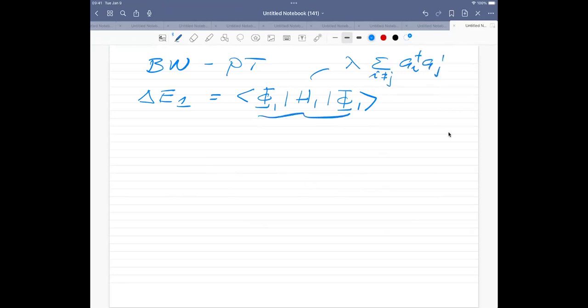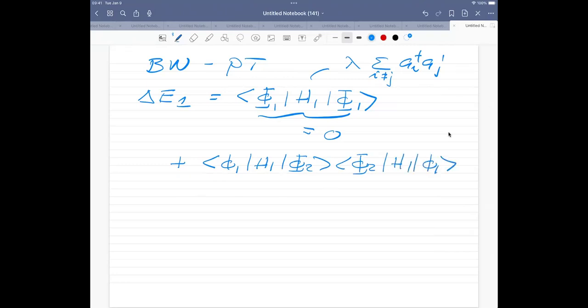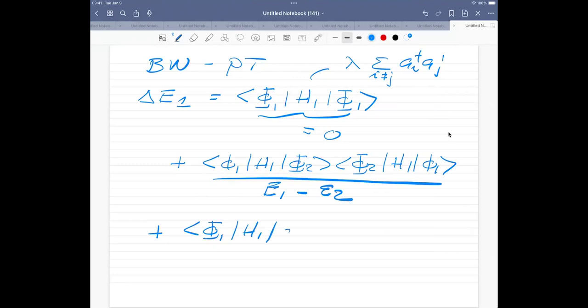We found that these terms are just equal to 0 because we've chosen a simple model. Then we have the second order term, where I'm just plugging in second order perturbation theory as we did before. Then we have phi 2 of HI of phi 1, divided by E1 minus the intermediate energy, which is just epsilon 2 here. Then we have the third order, and now you will see something which makes life much, much simpler for us.